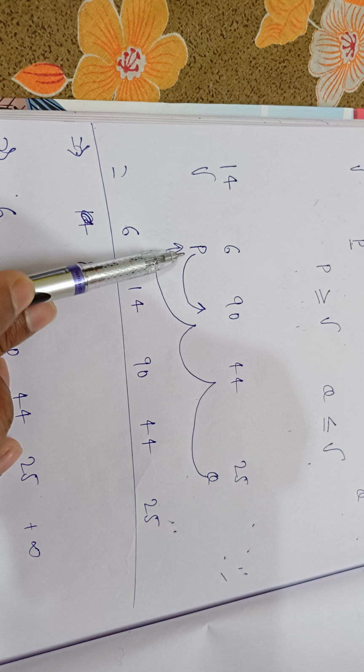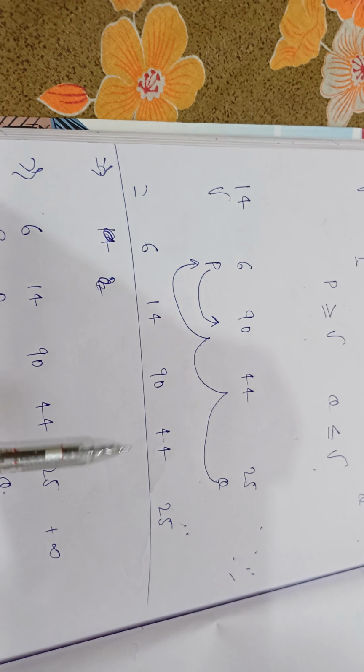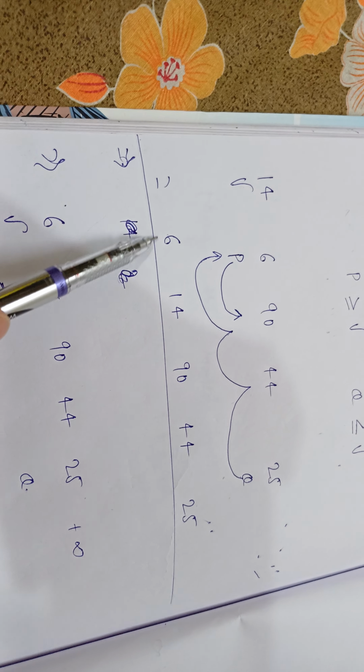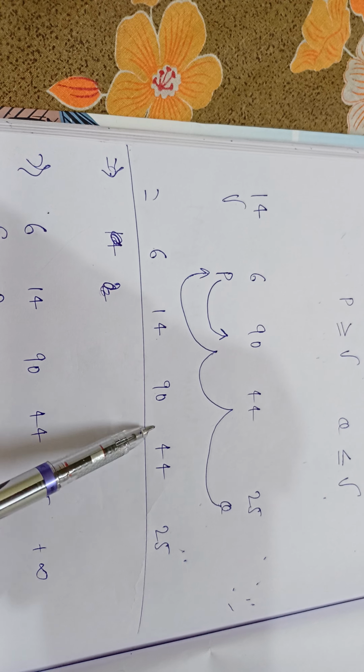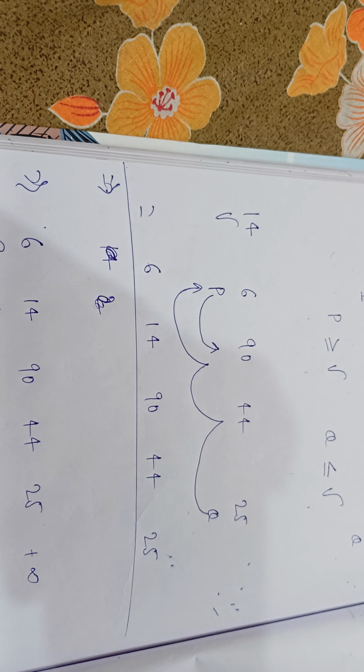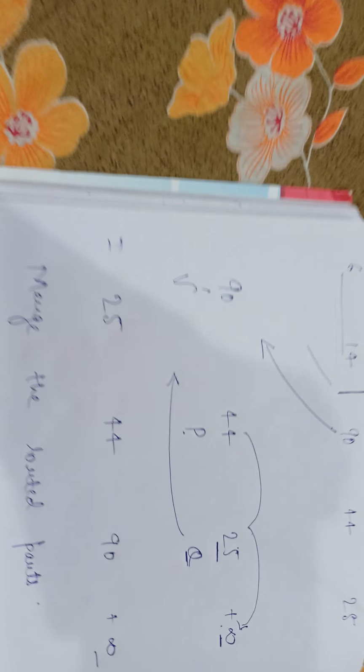So this and this value will get switched. Now your array looks like this: 6, 14, 90, 44 and 25. So this marks the end of your first pass.